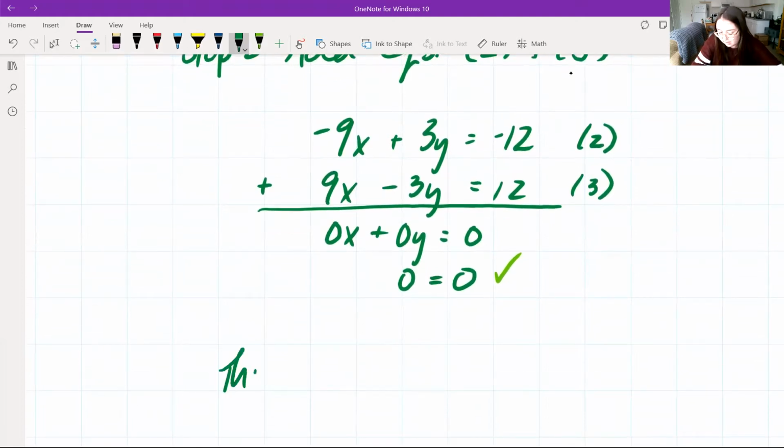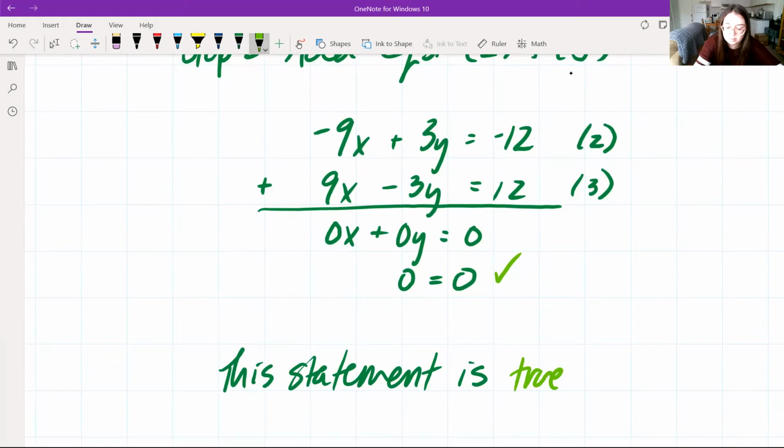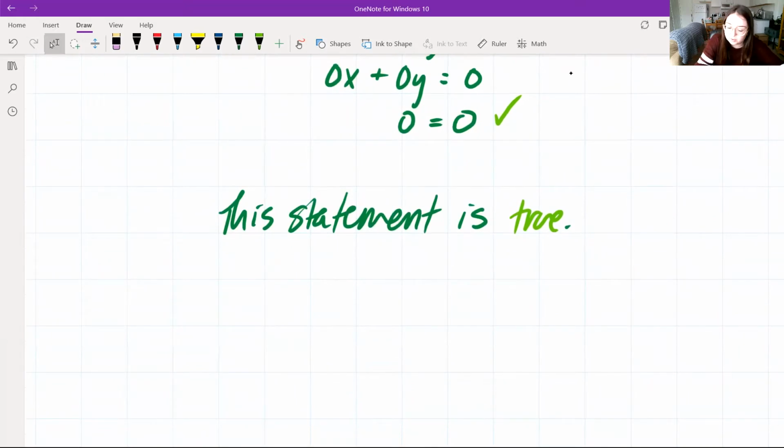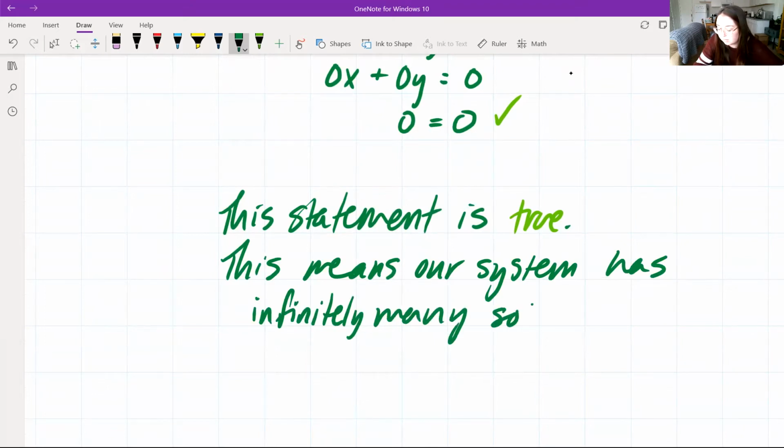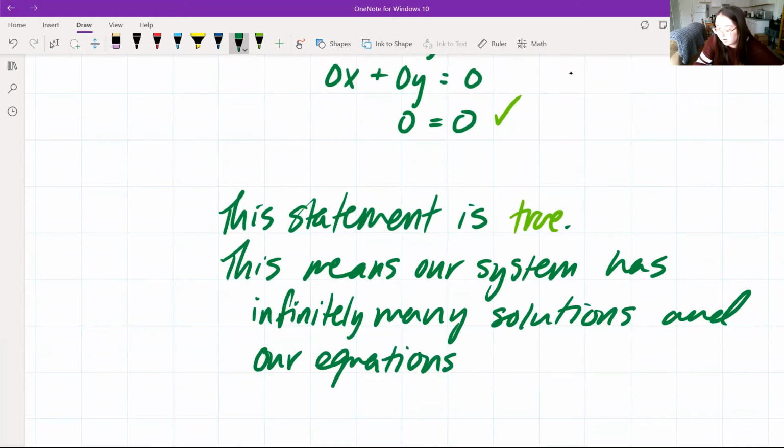So we can say that this statement is true. So since the statement is true, this means our system has infinitely many solutions and our equations are dependent.